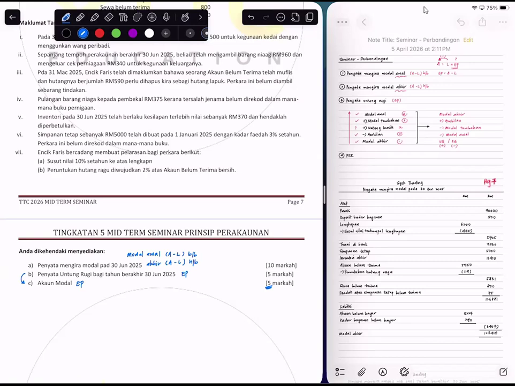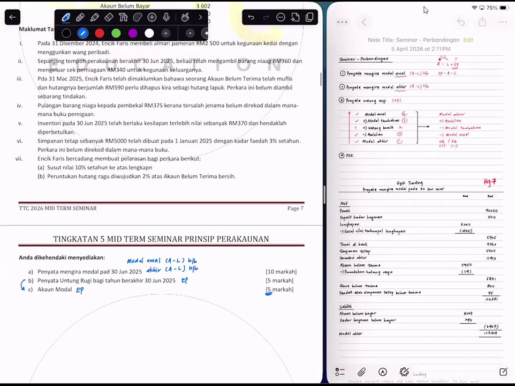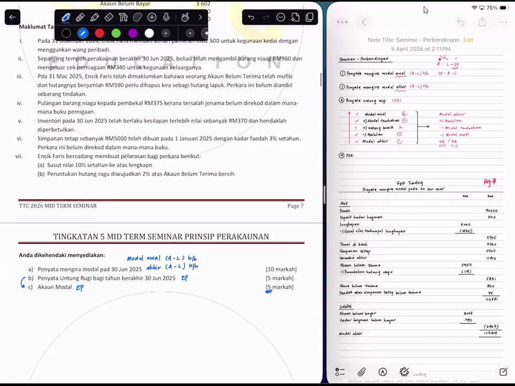Okay, so let us figure out, do we need hasil and belanja for this question? We need asset and liability to calculate modal awal, modal akhir. And we need EP to calculate for untung besar and rugi besar. But do you need any hasil and belanja here? Hello?